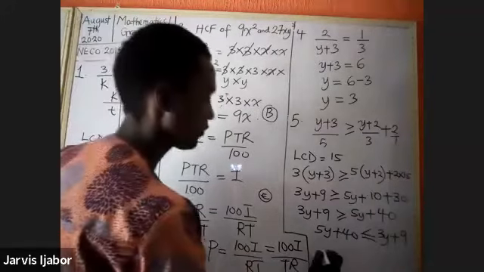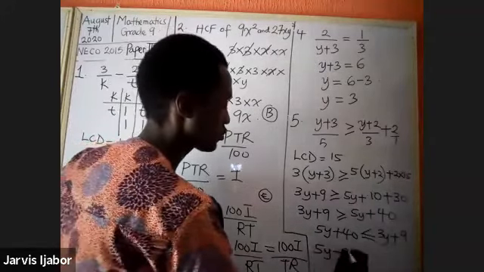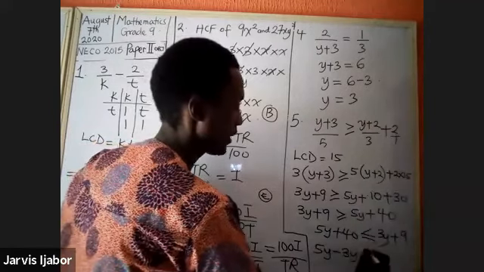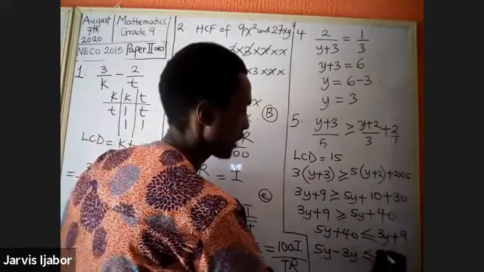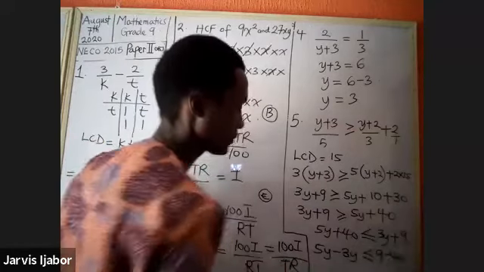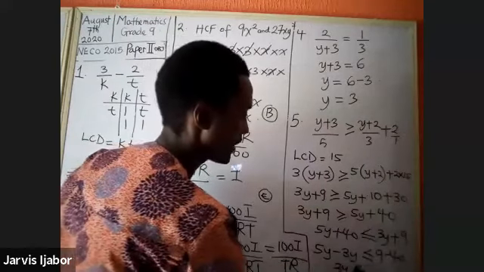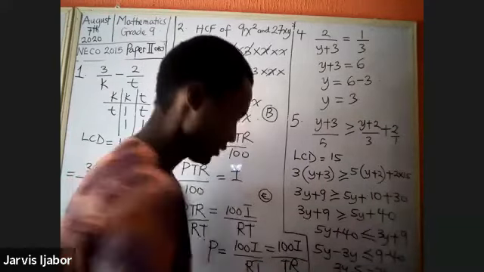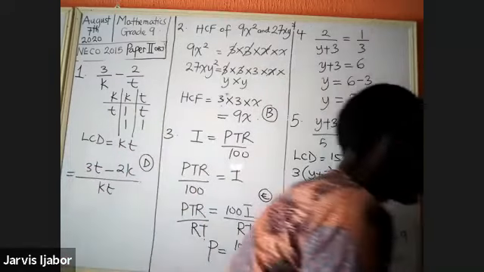So that will be 5y minus 3y less than what? 9 minus 40. So which means 2y is less than minus 31.